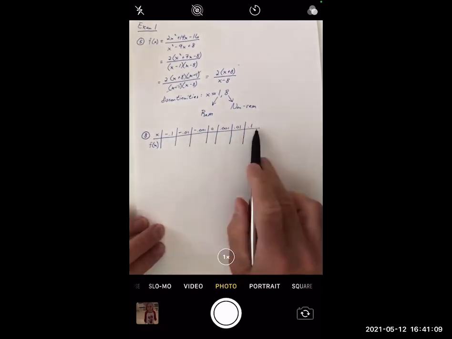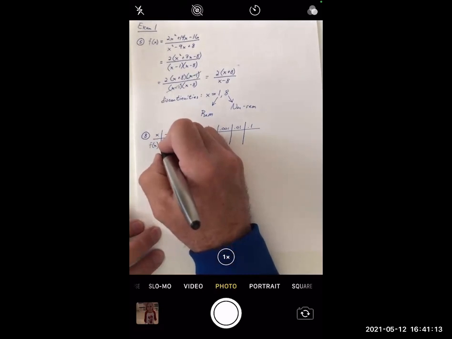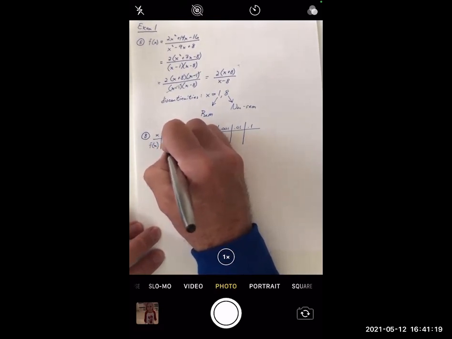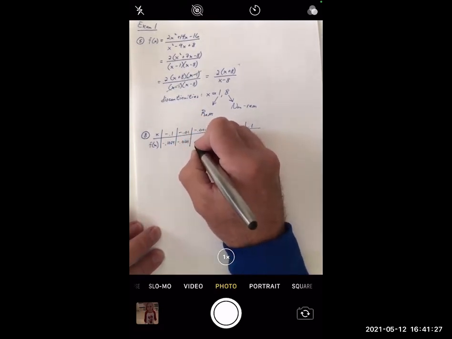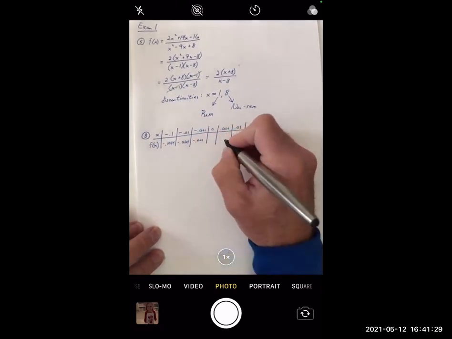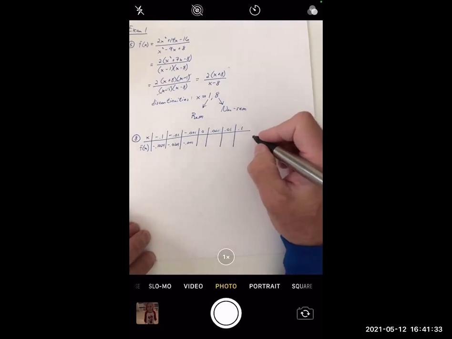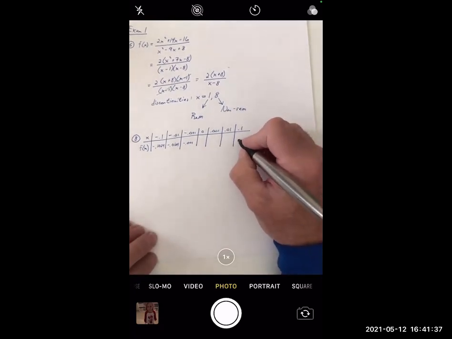Okay, so those are your x's that were given. The function values for this one were negative 0.1054, negative 0.0101, and then negative 0.001. On the far right side is 0.0953.